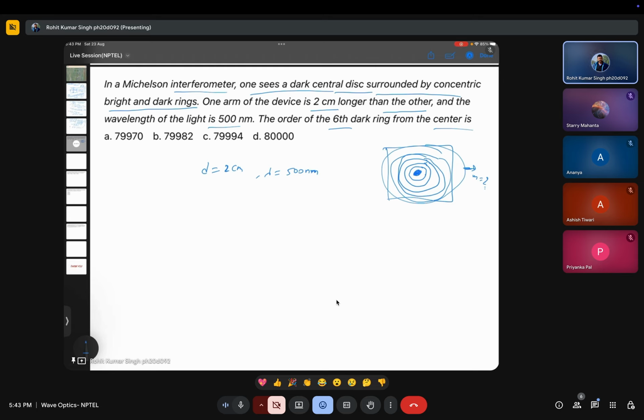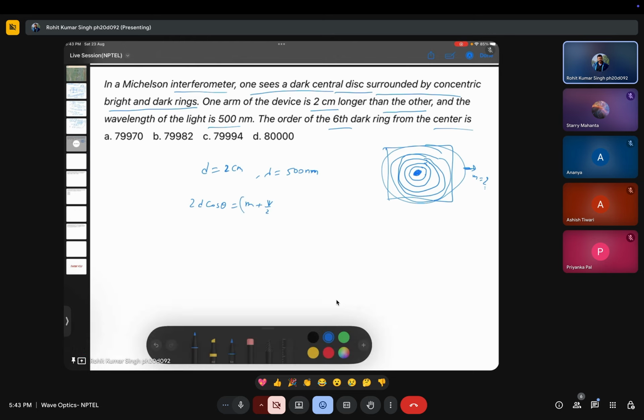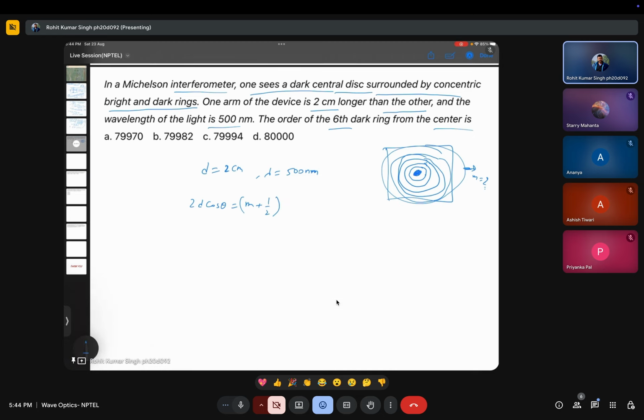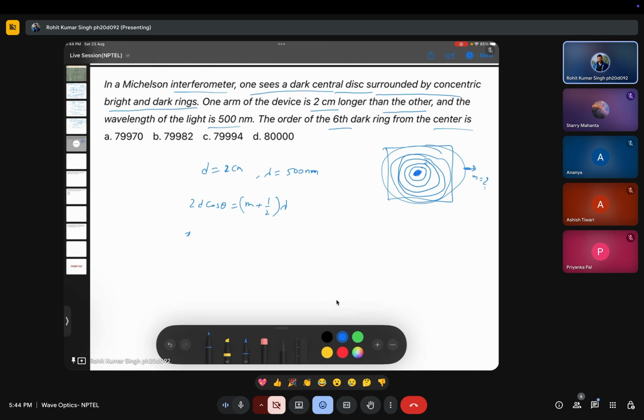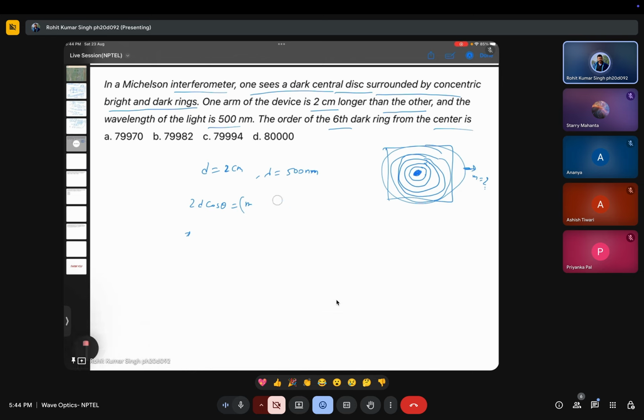We have this condition of maxima, or we can use the minima condition, but we have to use the minima condition.